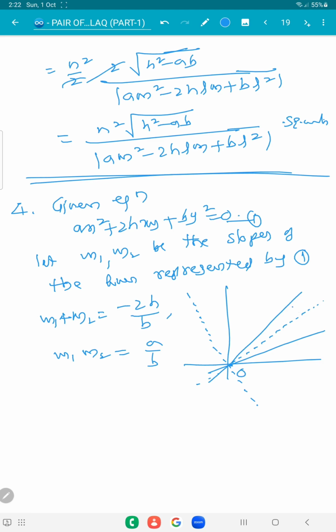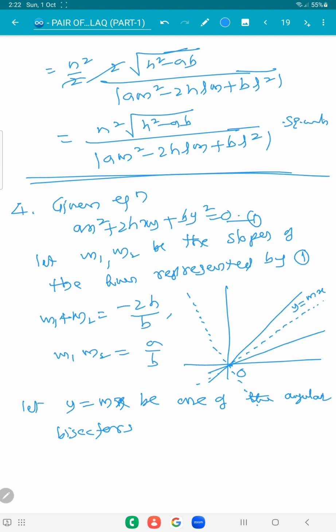This is the origin. Any line passing through origin is of the form y is equal to mx. Let y is equal to mx be one of the angular bisectors. What can we write?